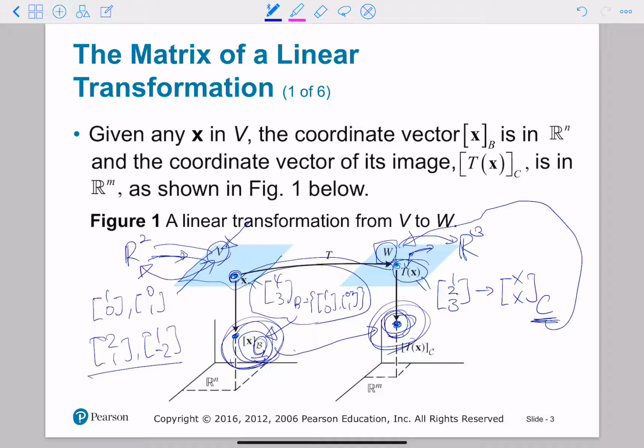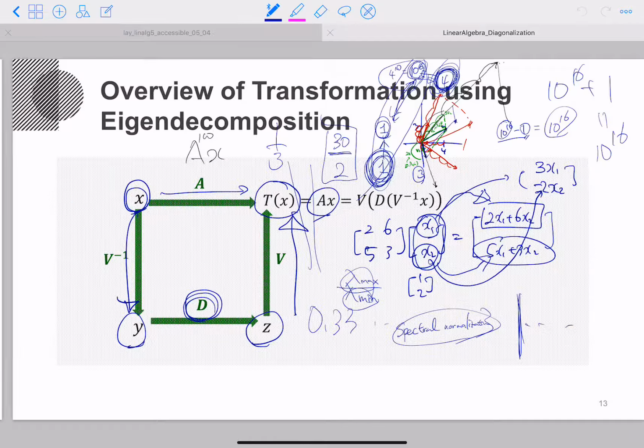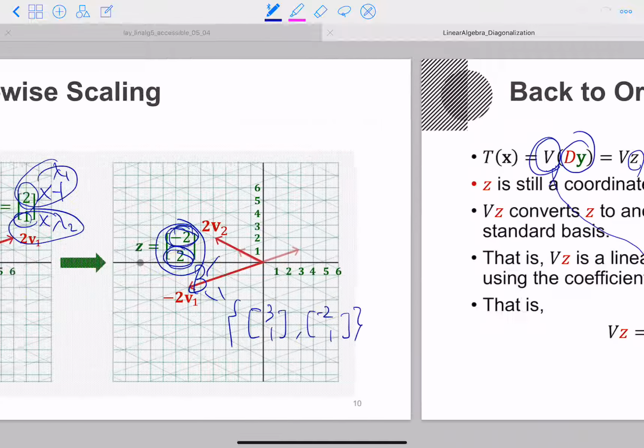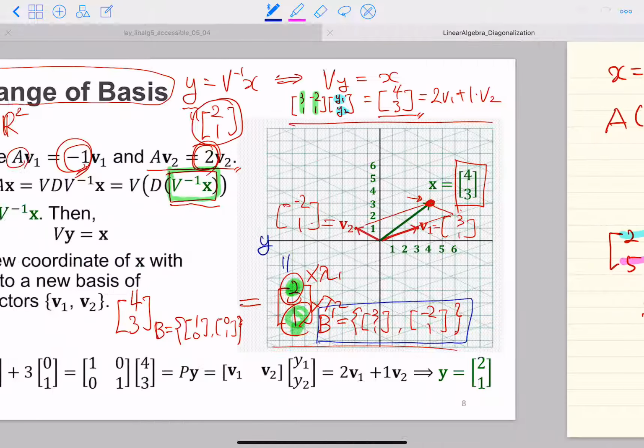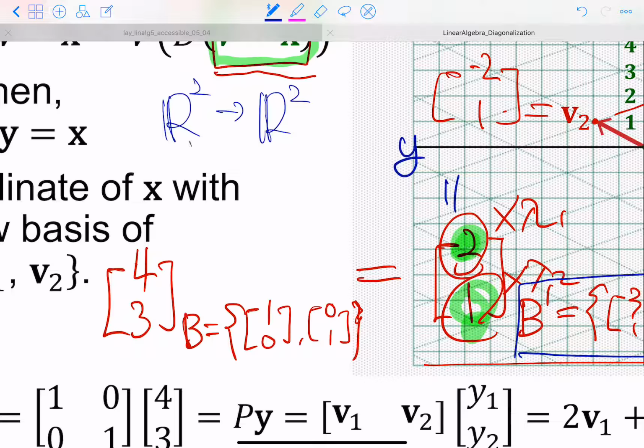So as a special case in this situation, let's imagine this kind of situation, okay? So here our domain and codomain were R2 and R2, right? And then let's imagine the new basis B, which is the eigenvectors, okay?